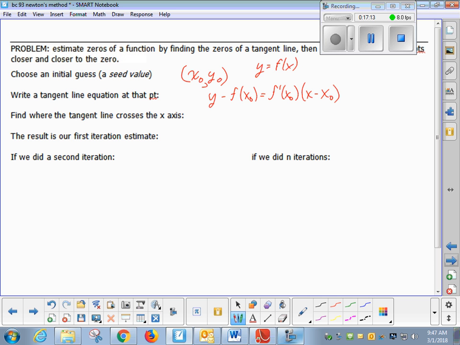We plug in y of 0. 0 minus f at x initial equals f prime at x initial times x minus x initial. Our goal was to find the x at which the 0 happens, so we solve for x.